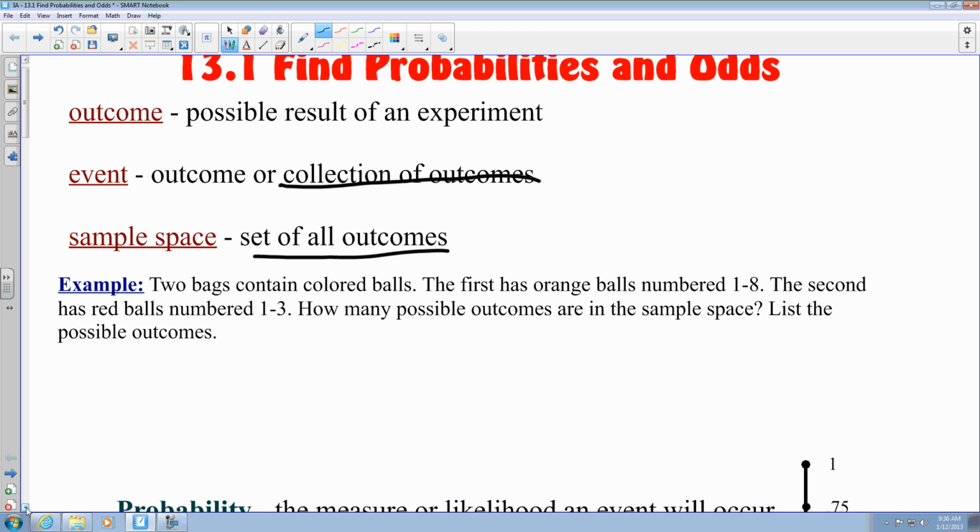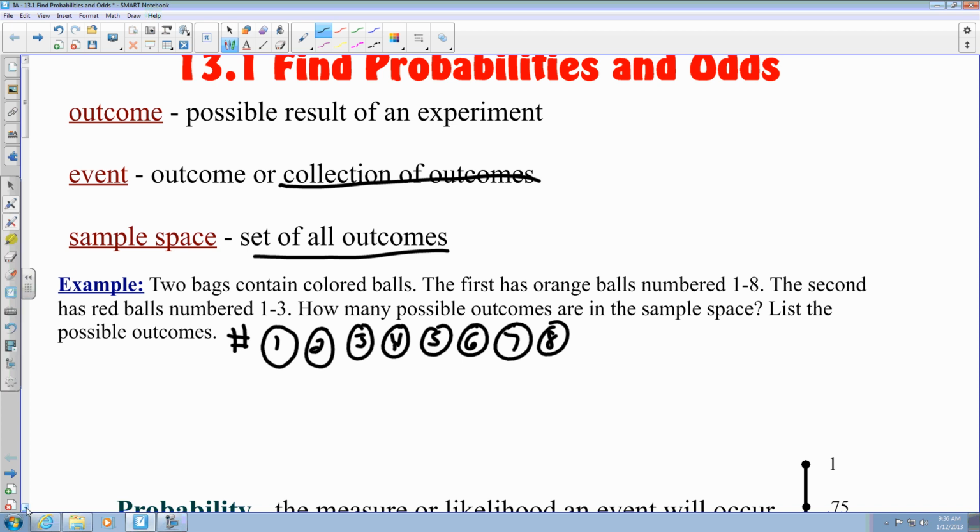And there are 2 ways to write it. So first off, I'm going to give you a little bit of a drawing. So here's bag number 1, and I don't have an orange pen, so here's orange ball 1, 2, 3, 4, 5, 6, 7, and 8.